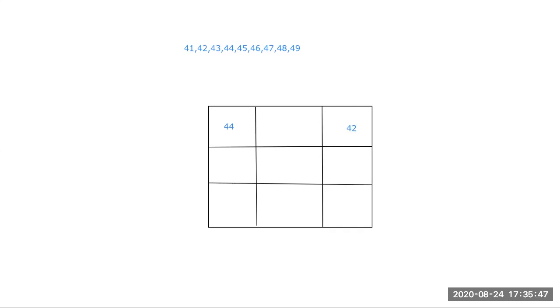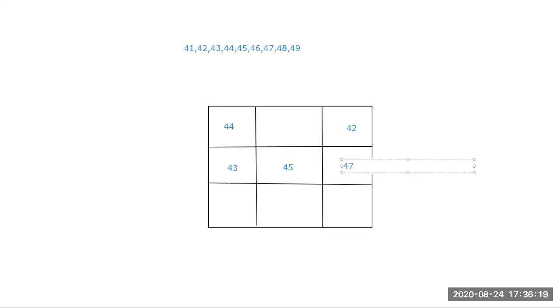Now 2 numbers over, 7 numbers to go. What is 44 minus 1? 43. 43 is in our count, so put 43 here. Now add 2 to 43, which is 45. Add 2 to 45 again and put it as 47.